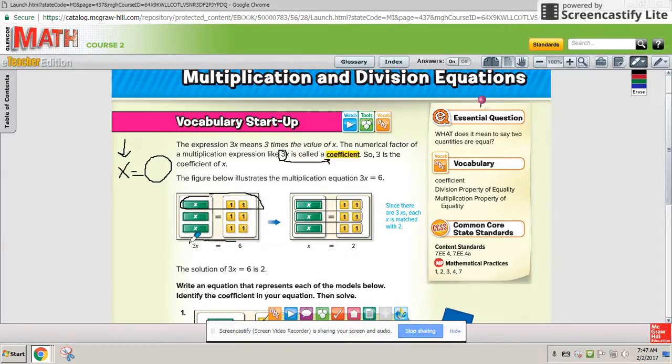So 3x equals 6 is equivalent to the equation x equals 2. And that would make sense. If each of these x bars was equal to 2, when we have 2, 2, 2, we would have a value of 6 on this side, and we have a value of 6 on this side.